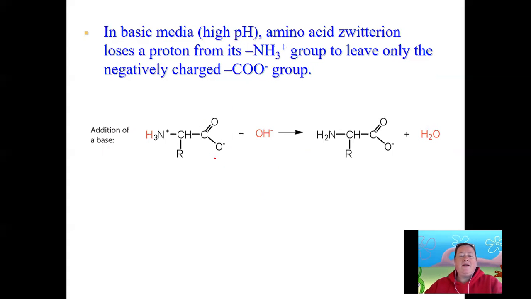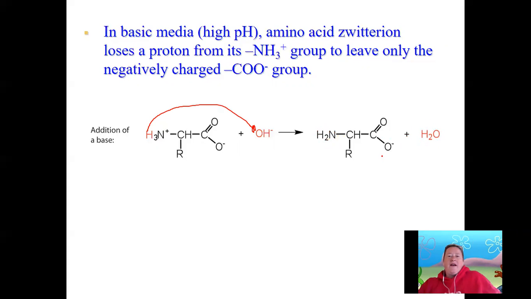And what can happen there is, in a more basic media, our hydroxide ions are more concentrated compared to the hydrogen ions, and the hydrogen from that protonated amine can be pulled off of that, leaving behind that NH2 group again with no charge, and we get the production of water.